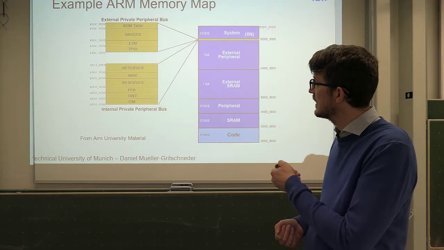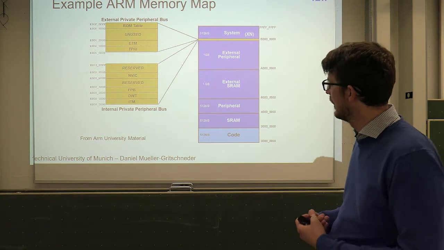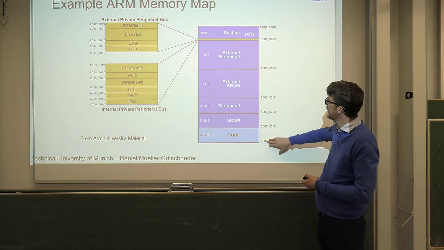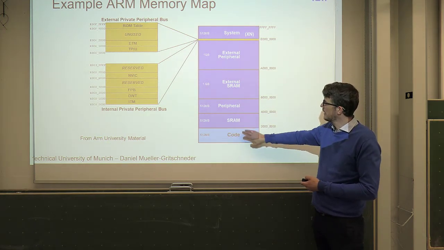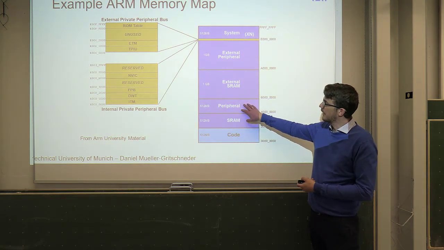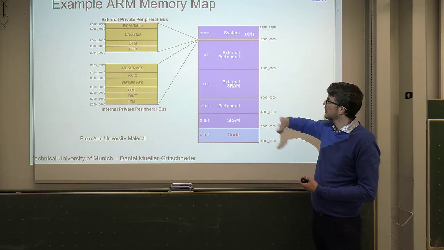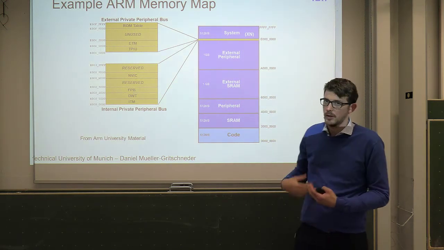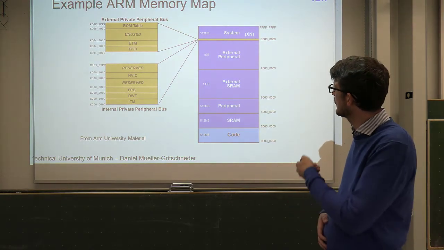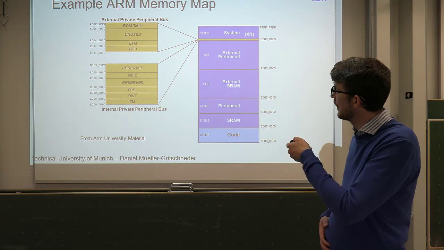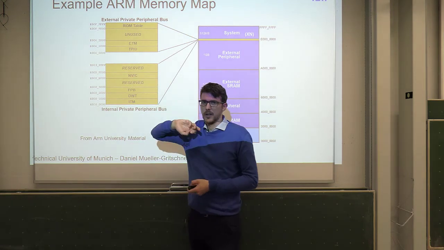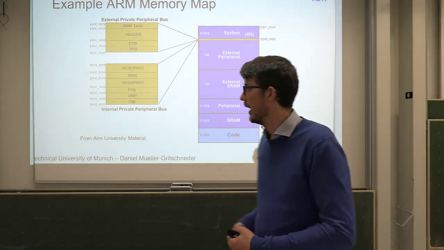So a more realistic scenario, taken from an ARM SoC, is where you see that all the addresses from 0 to FFFFFFFF are mapped, and they are partly mapped to memories like code, which would again be read-only memory, SRAMs, peripheral devices, then some external memory, 1 gigabyte, then a lot of things for external peripherals, and something more related to configuring the system, and a very small region where you have very specialized things like the NVIC, where you want to communicate with the interrupt controller of this SoC.